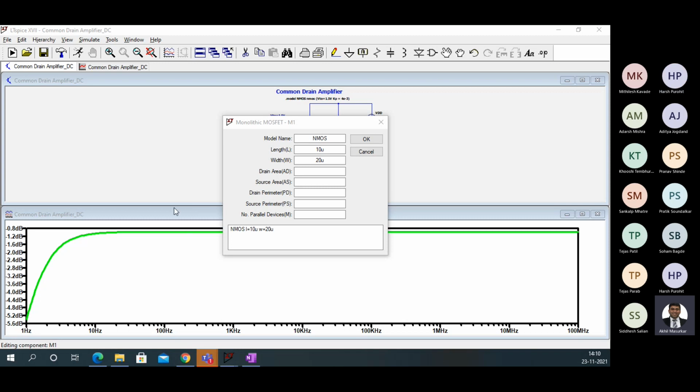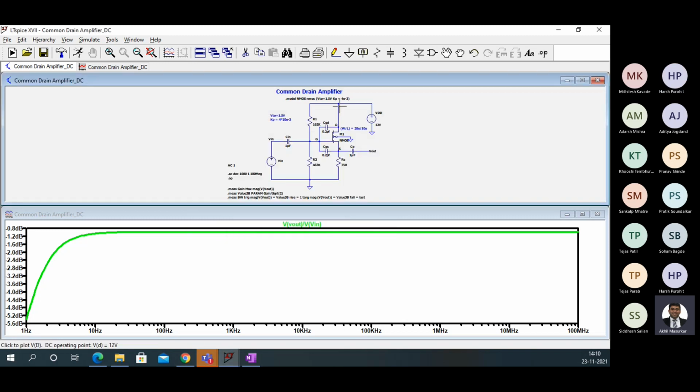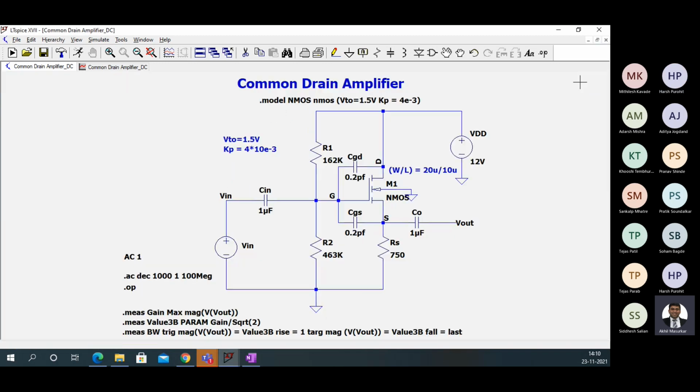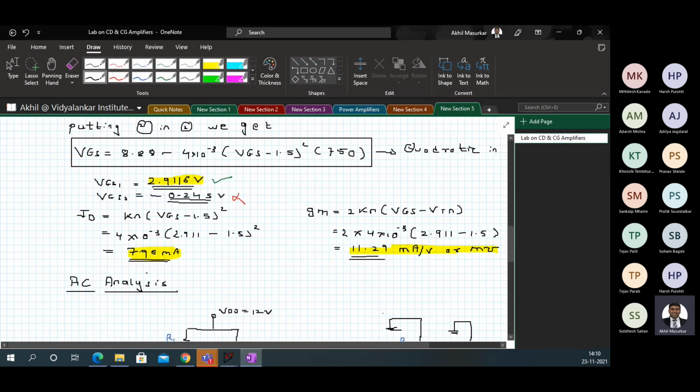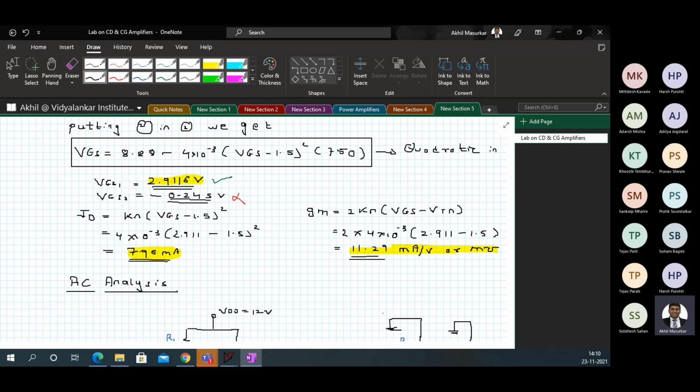Yes, you said that. Otherwise, I'll tell you what Spice does in your case. The value of GM that we were getting, what was it? 11.29, right?